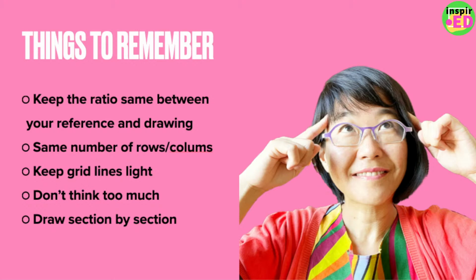Number two is, after you make sure the ratio of the whole image is the same between those, keep the same number of rows and columns between the reference and drawing, and draw the grid lines. If you're using pencil to do so, keep it light, very light. You need to do it on paper anyways.